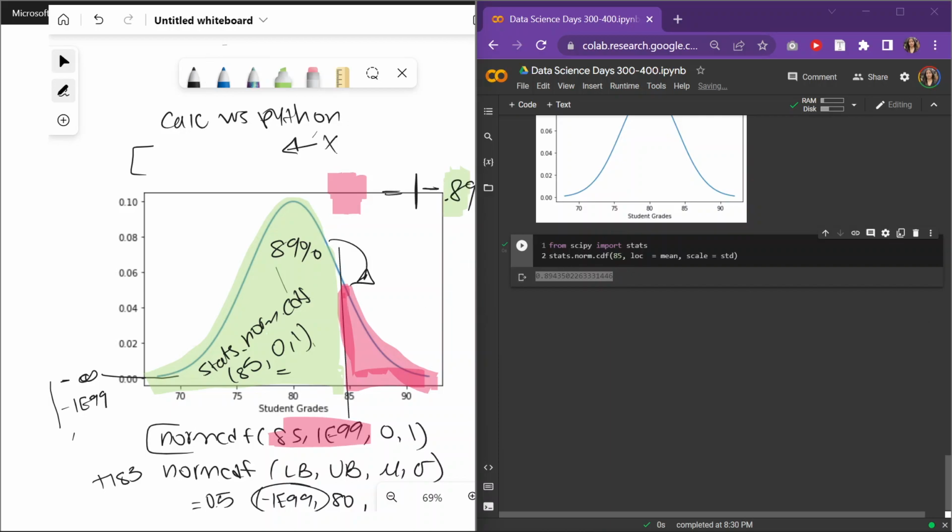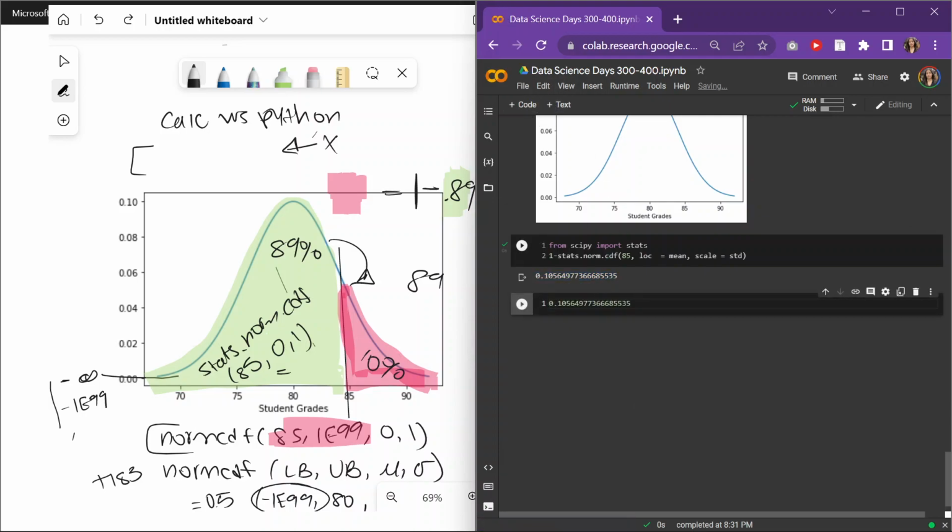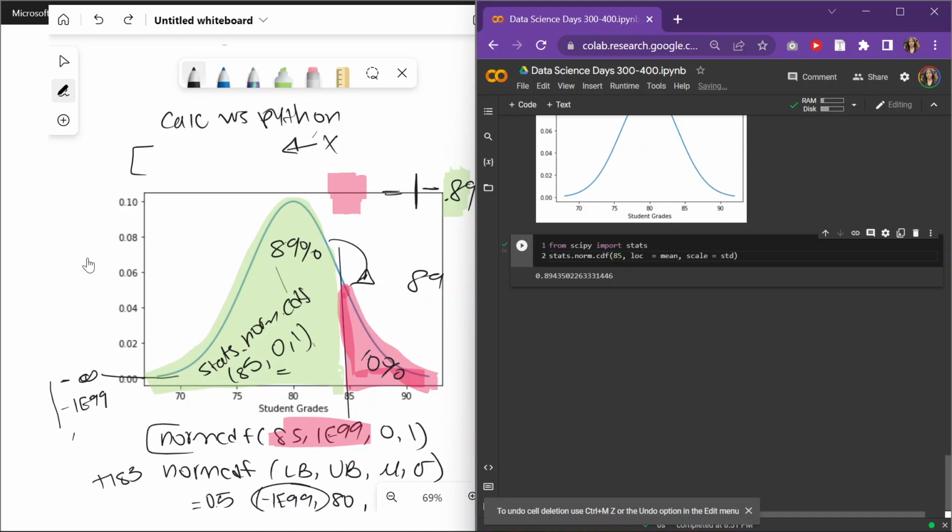And when we do 1 minus that whole thing, we get 10%, which makes sense. 89 plus 10, 99, which is almost 100. But if you actually add up the numbers here, it's going to give you 100%, or 1. So that's how you get that.